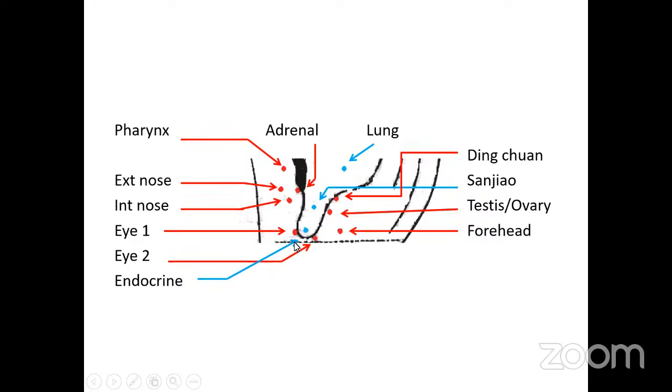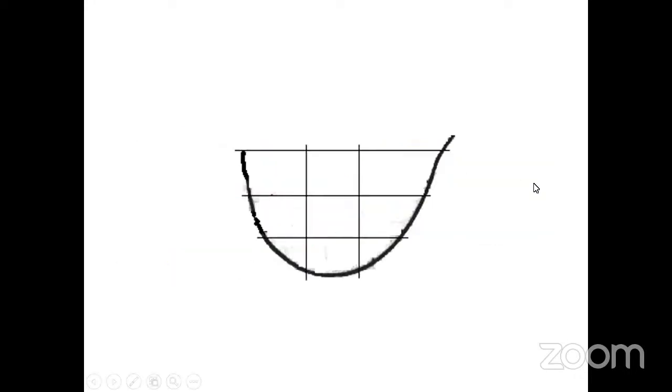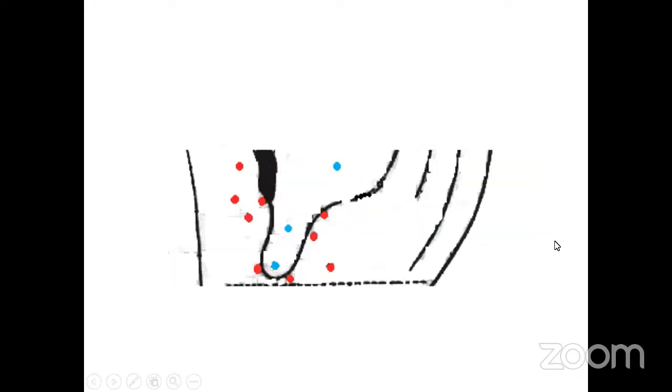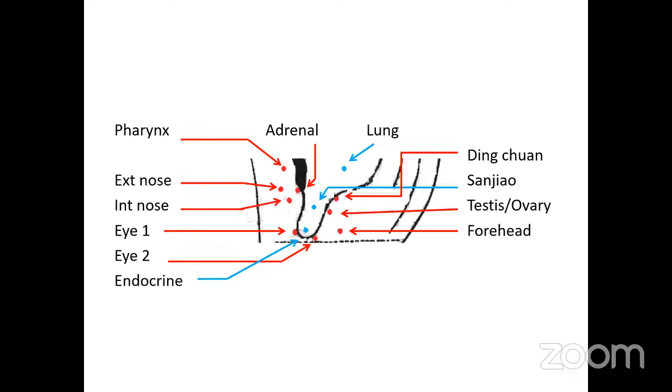And on the inner surface, inside the ear, just adjacent to the margin is the endocrine.